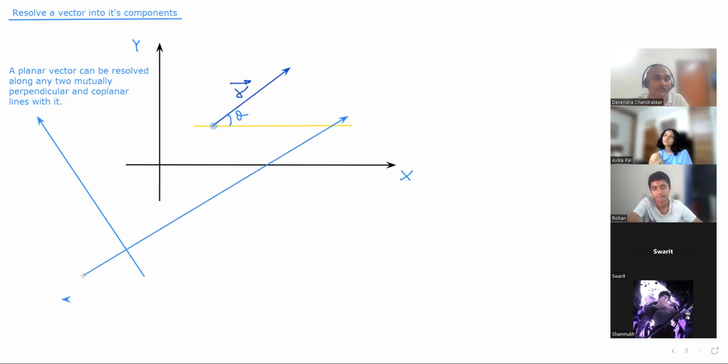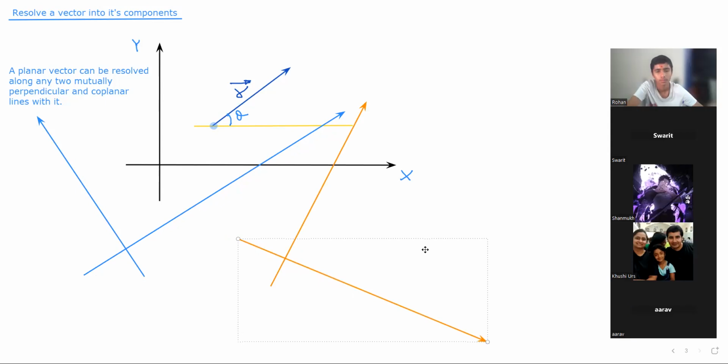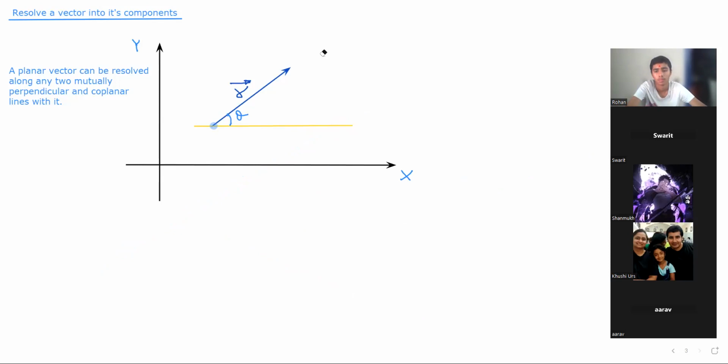If I had asked you how many are there, then there is only one pair, but we can draw an infinite number of pairs of lines which are perpendicular to each other. Yes or no? Swarit, understood? Khushi, Swarit, Arav. Arav, why are you late? Shanmukh. Okay. So there can be an infinite number of pairs of lines perpendicular to each other which can be drawn in this plane, right?